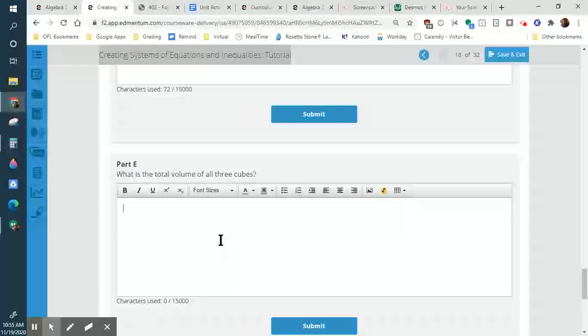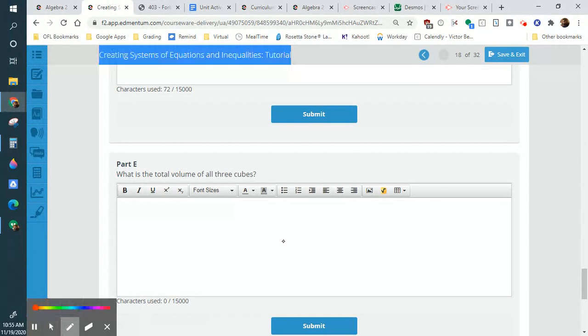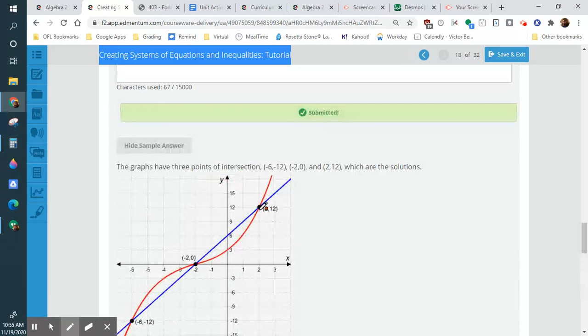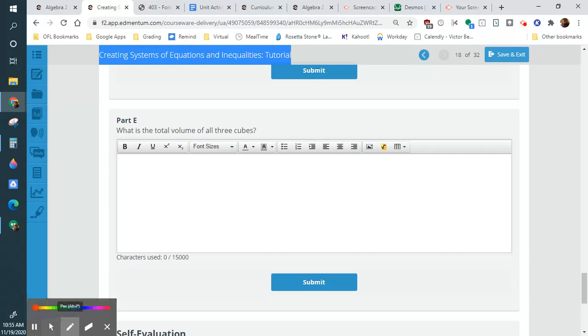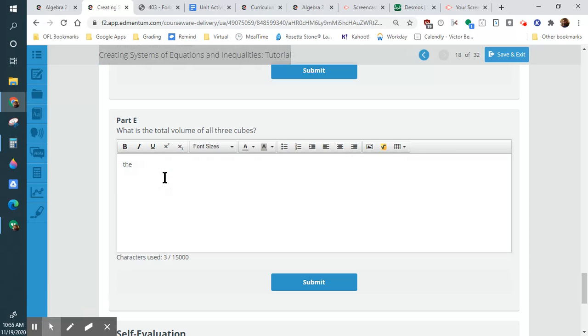So, what is the total volume of the cubes? All right, so let's talk about this. We figured out that our y had to be 12. So, what we're going to do here is the volume is 24y.